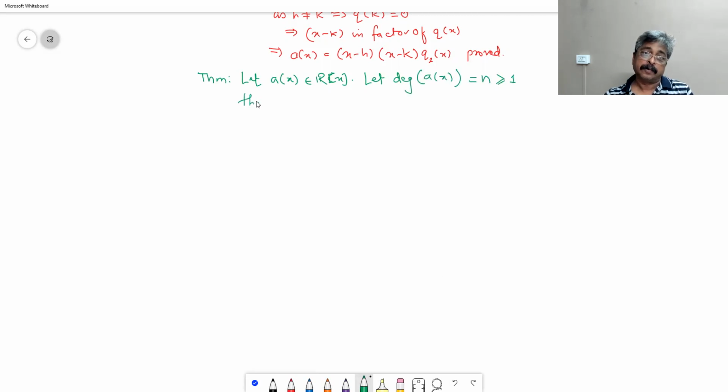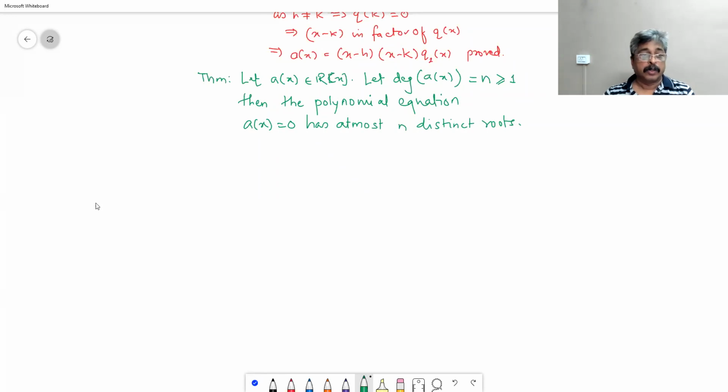Then the polynomial equation a(x) is equal to 0 has at most n distinct roots.